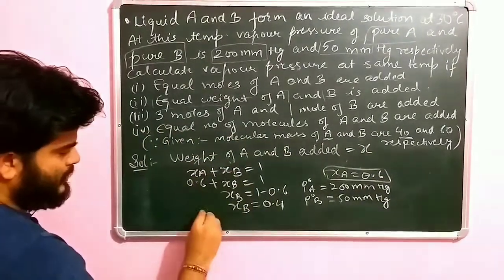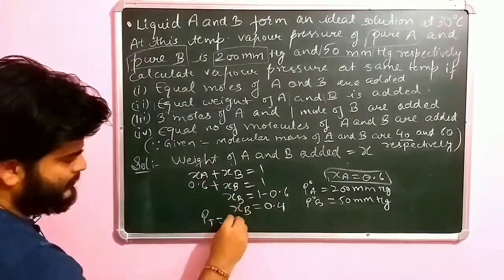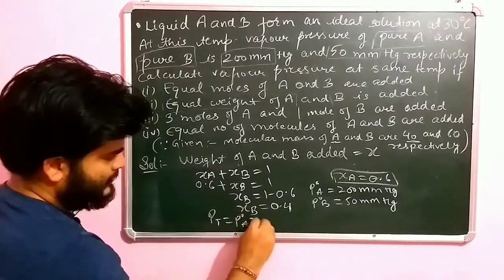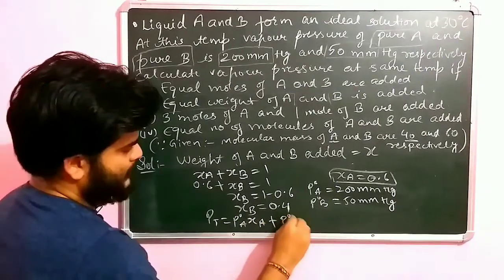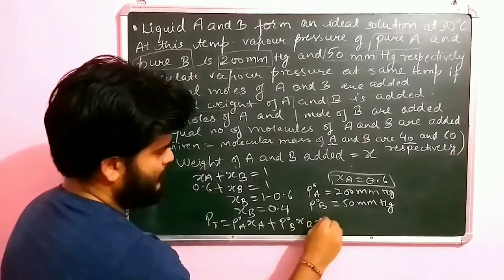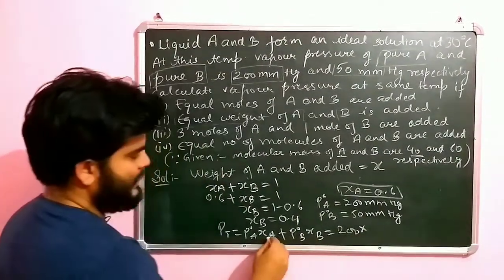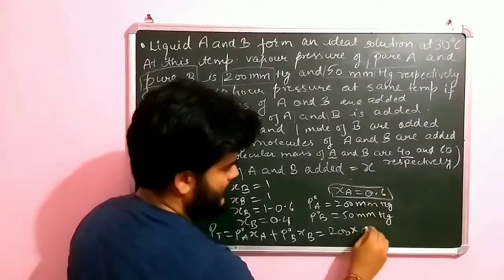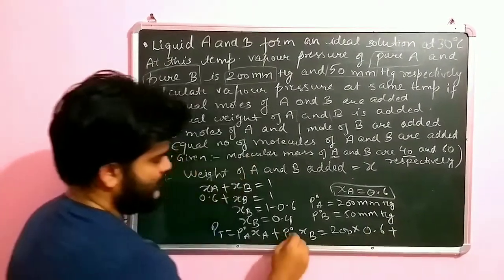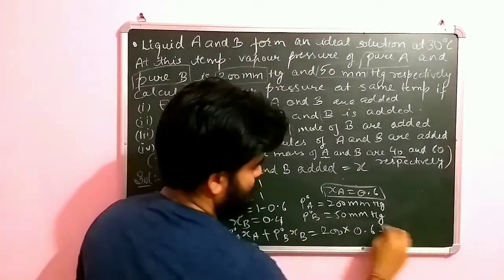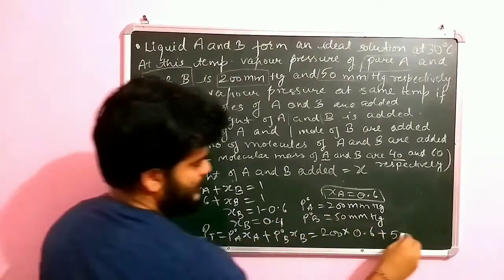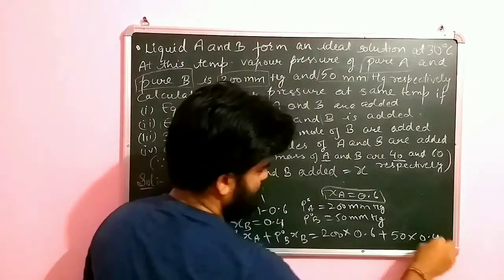We just have to put the values in this: P naught A into mole fraction, P naught B into mole fraction. It means 200 multiply XA comes out to be 0.6, plus P naught B is 50 multiply this comes out to be 0.4.